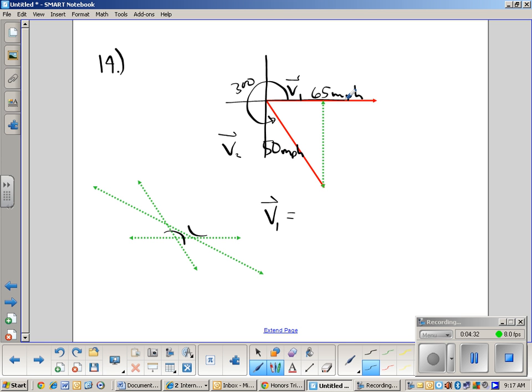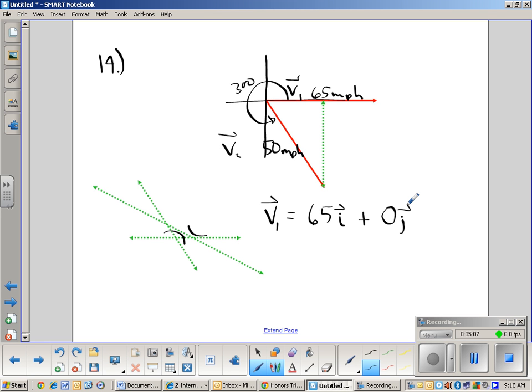What's the i component of vector 1? How far does it move along the x-axis? 65. So we get 65i, right? And then along the y-axis, how far does it move? This is 0. Okay? So vector 1 is very simple, just along the x-axis. There's no y component.